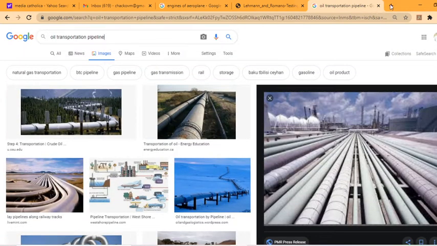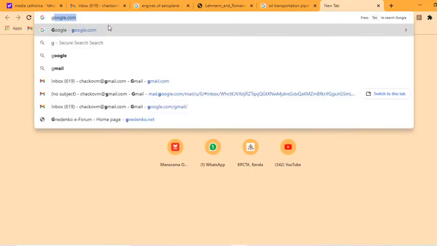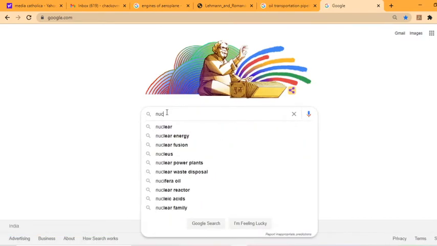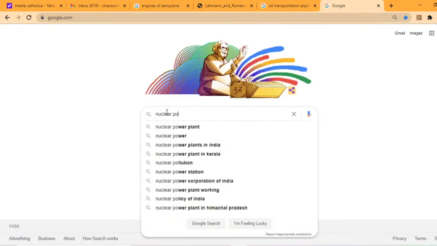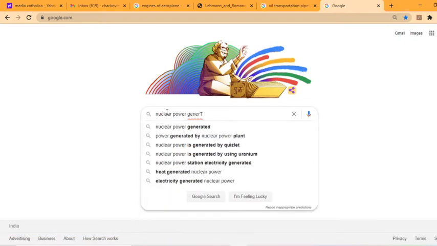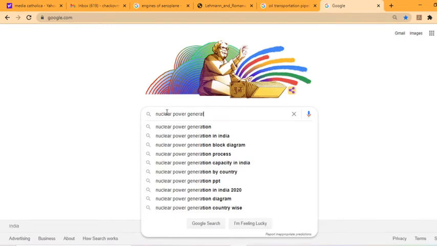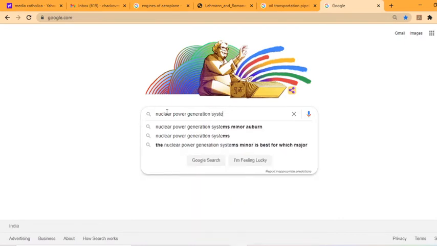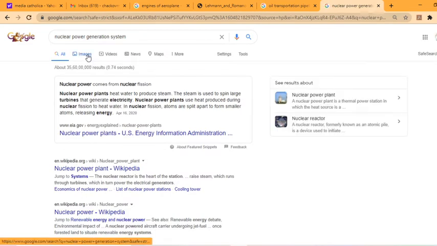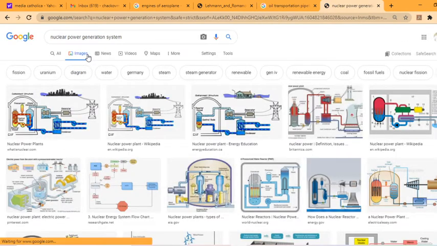Another is power generation, nuclear power generation. Have you seen that? You can see two systems, two components are connected.